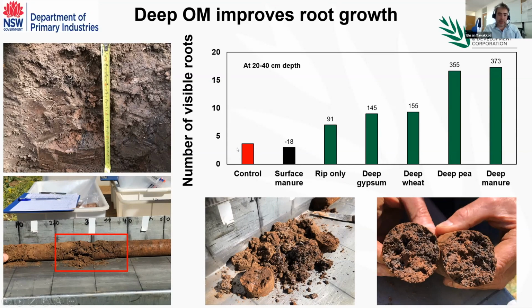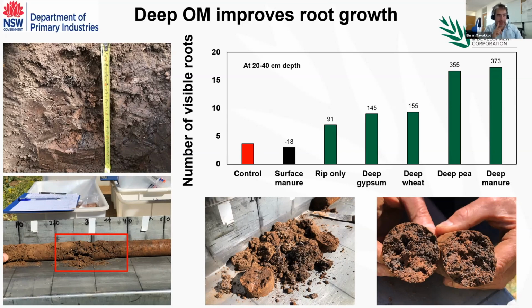If you look at the control on the left-hand side and some of the treatments on the right-hand side, you will see a significant increase in the amount of root at the depth of 20 to 40 centimeters after three years of placing the organic amendments into the subsoil. That extra amount of root means they have more access to the water, if the water is going to be there.